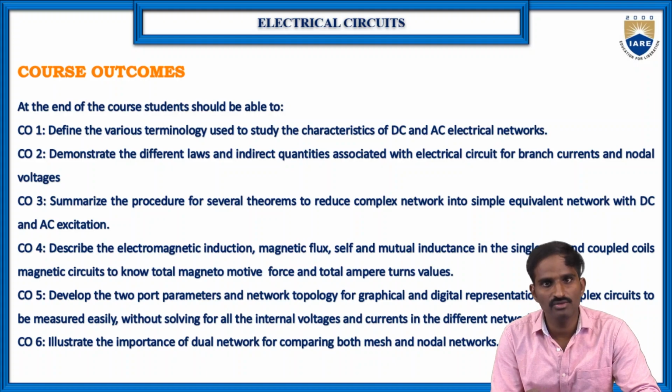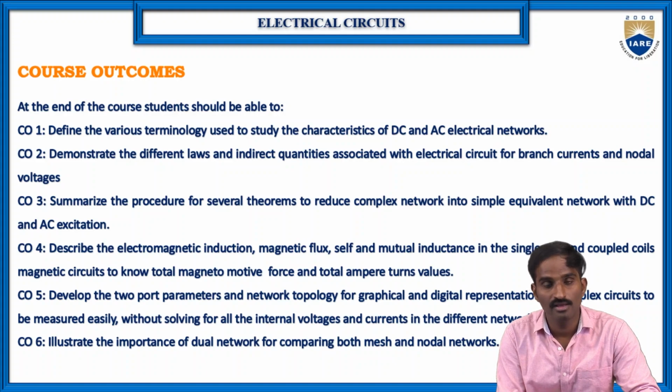Coming to CO3, at the end of the course, the student should be able to summarize the procedure for several theorems to reduce complex networks into a simple equivalent network with DC as well as AC excitation.